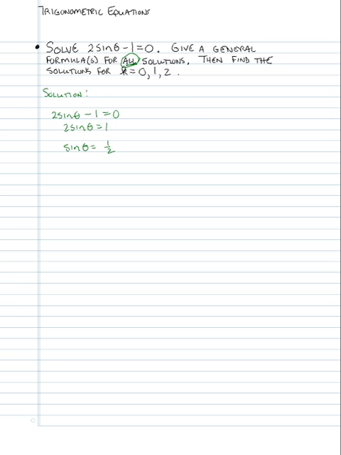So our next job then is to figure out what angles in one single revolution give us a sine value of 1/2. And of course, here's where 1/2 is, and we've discussed this before. So we're talking about an angle like that, because the second coordinate would be 1/2 there. Likewise, though, there's an angle over here that has a second value along the unit circle. The second coordinate, there's also 1/2, isn't it?